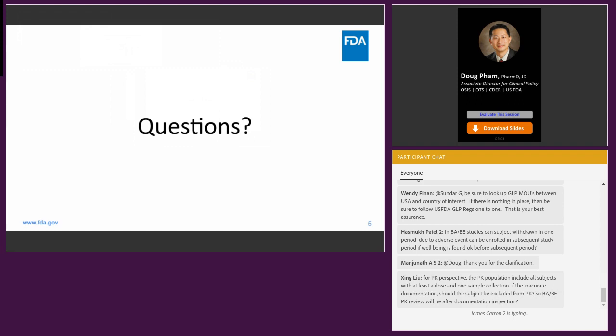When you have one that's withdrawn and then rolls into another study or a different period, it's something you would have to look at and dig a little deeper. Sometimes it's okay depending on the protocol and the risks in the study itself. Sometimes it's not. It's tough to answer those questions in isolation.